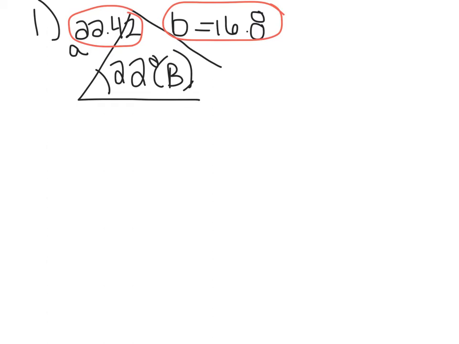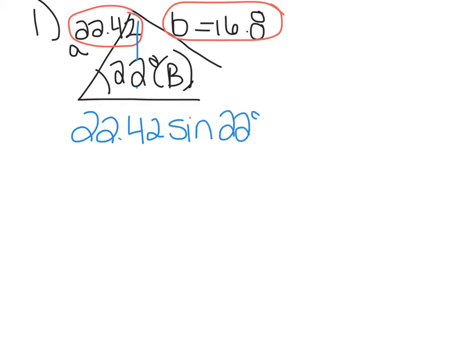To find the height of this triangle, this little dotted line right here, all I'm using is SOHCAHTOA: 22.42 sine of 22 degrees. That's going to find you your height. So my height is going to equal 8.397.